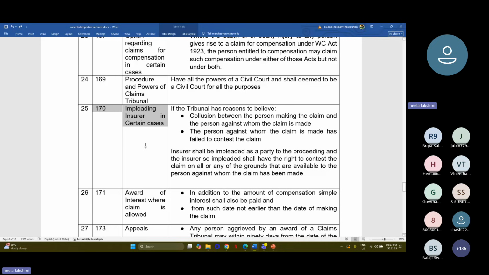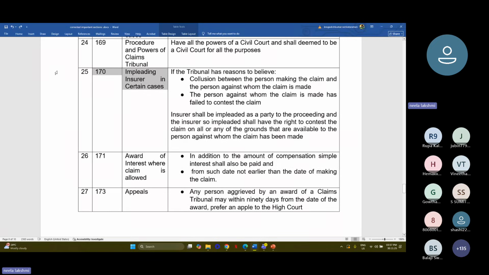Section 170 petition. If the tribunal has reason to believe that there is a collusion between the claimant and the insured, or if the insured fails to contest the case, these are the two situations.